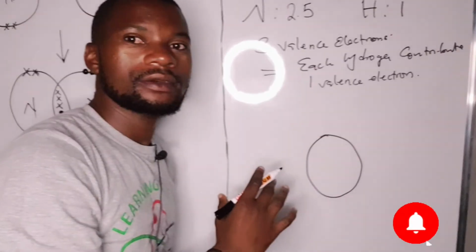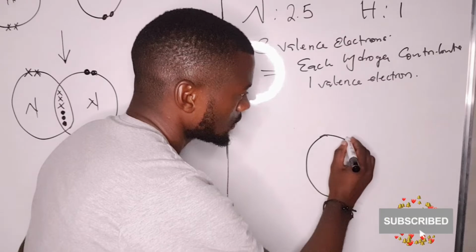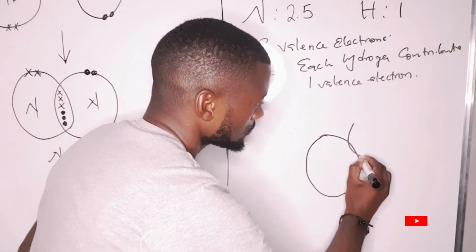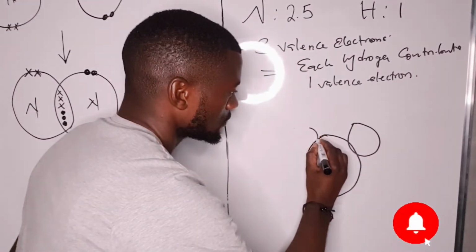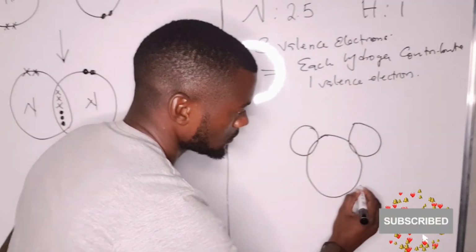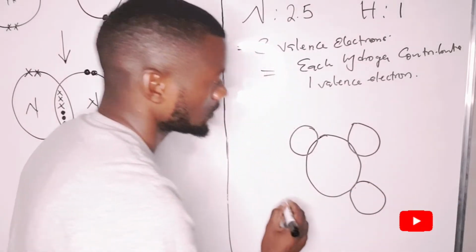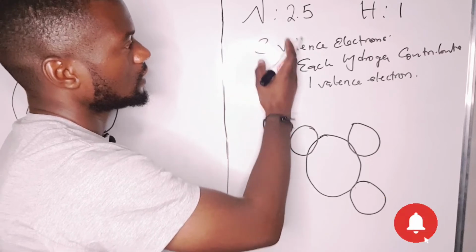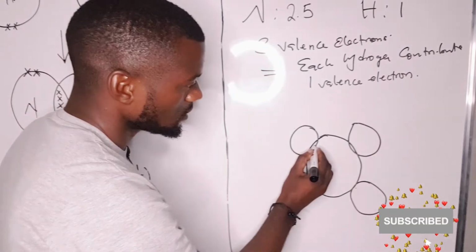So what we are going to have, we are going to have nitrogen like that. So here we are just drawing the outermost shells. Then we'll have one hydrogen and another hydrogen there. You can put another one here. So the nitrogen atom will share 3 electrons.